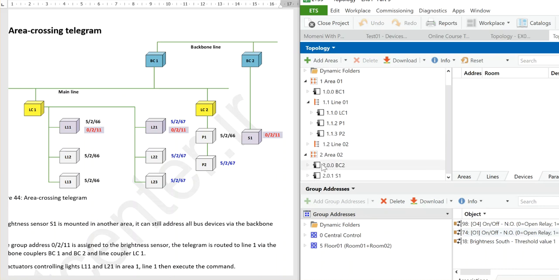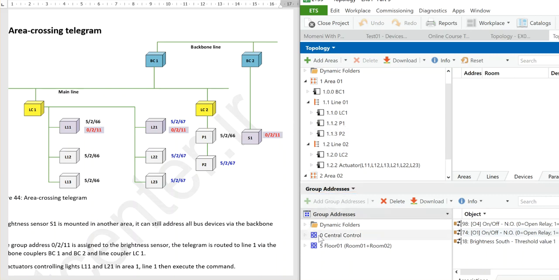In line number 2 we have line coupler number 2 and the actuator. In the actuator we have L11 until L23. So we can present the whole project in ETS.